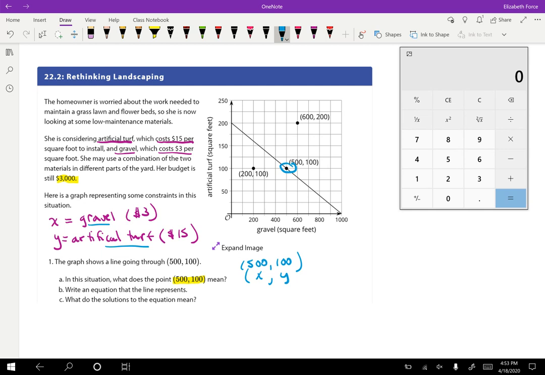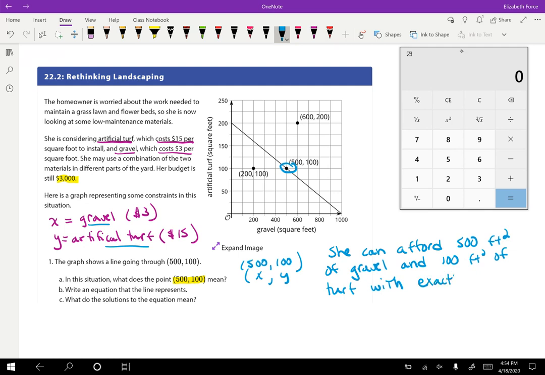She can afford 500 square feet of gravel and 100 square feet of turf with exactly $3,000.